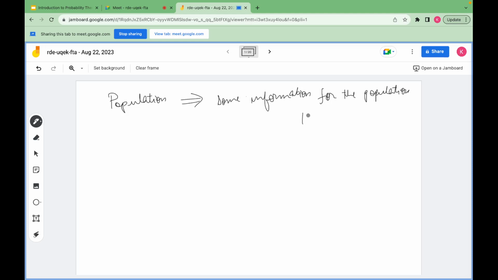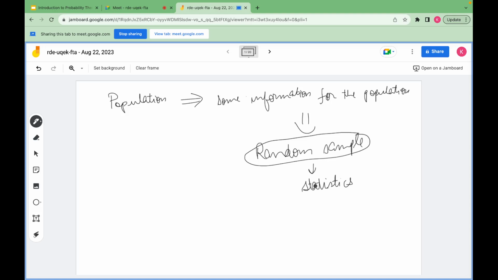So what we will do is take some random sample, which we talked about earlier, and based on the statistics of this random sample, we will estimate the parameters for the population.